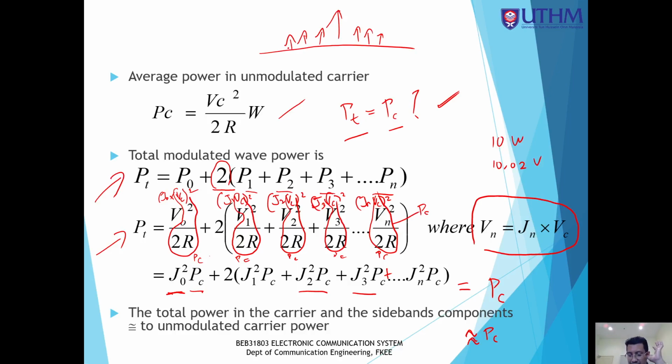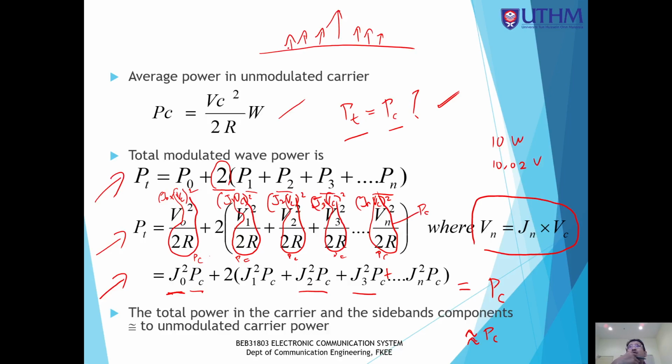And for your information, in the final exam later, there might be a question about the total power, where the marks given would be 6 marks. And you might need to use the long equation to calculate the total power.